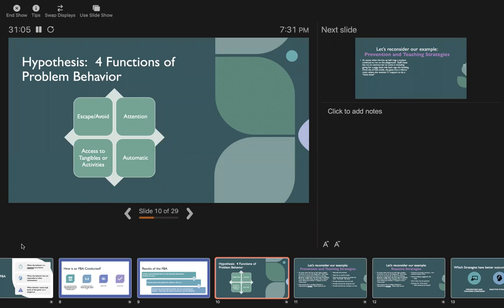It didn't matter if the parents reprimanded her or not. The automatic function that we see most often in the school system is self-stimulatory behaviors for our pre-teen and teen students. That's the most often one I have to deal with. Other than that, automatic isn't a huge area for function.